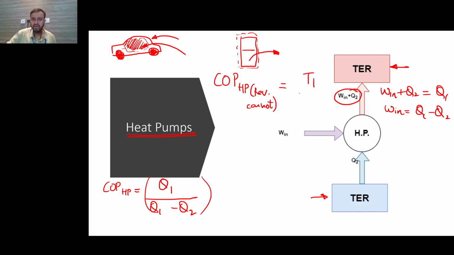So T1 divided by T1 minus T2. So this is the limiting condition. That is the maximum possible value of coefficient of performance between any two temperature limits. All right.